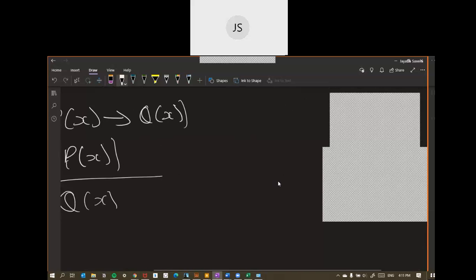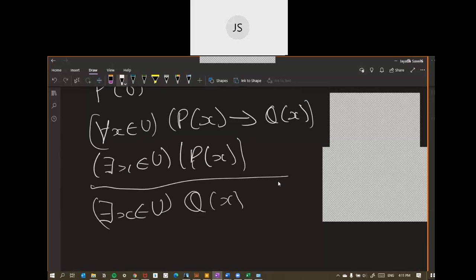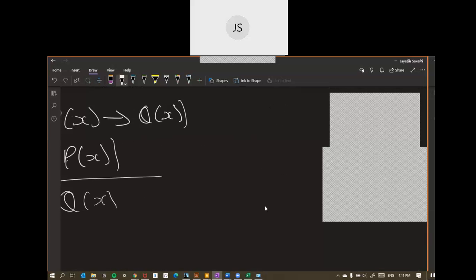Now, how do we do this? Let's say that this is our statement 1, this is our statement 2. From statement 2, we get statement 3, that is P(a).